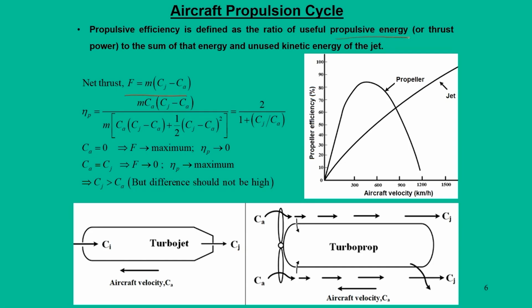useful propulsive energy to the sum of the useful energy and the unused kinetic energy. Essentially, when air enters it has a kinetic energy, and when air leaves it also has some kinetic energy.